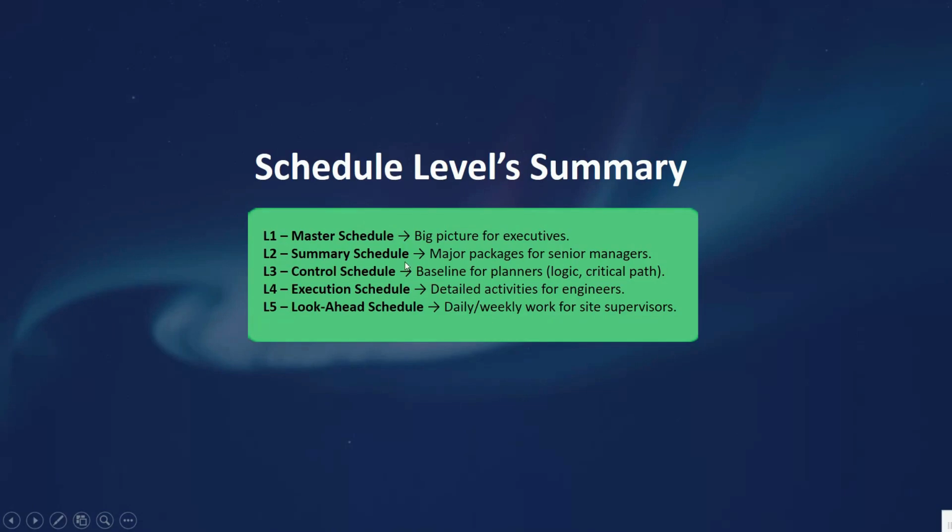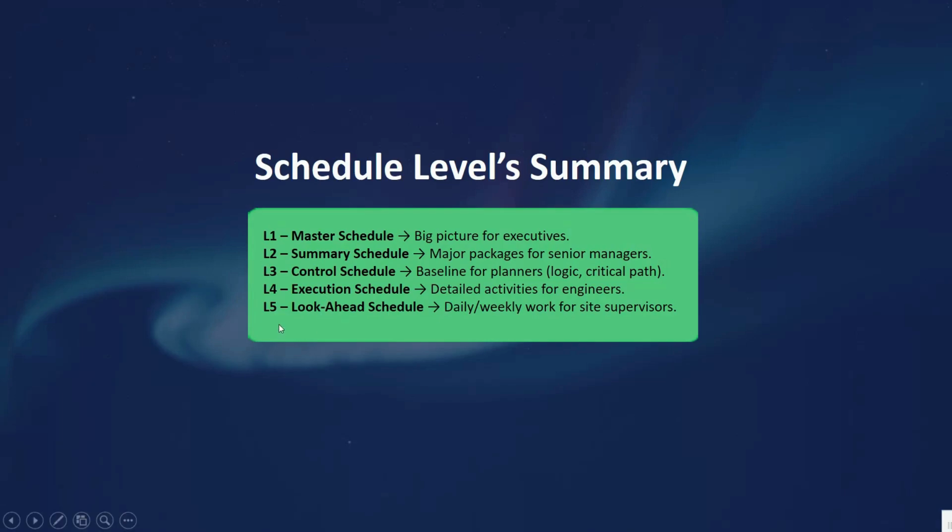Then level two, the summary schedule, that will be the phases and packages for the senior management. Then level three, we have a control schedule, the baseline for planners: logic, critical path, etc. Then scheduling level four will be the execution schedule, detailed activities for engineers, so you can say detailed tasks for the execution team.